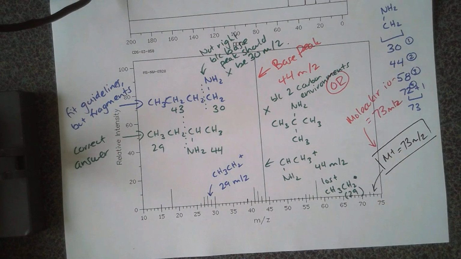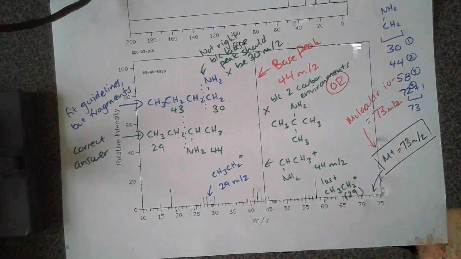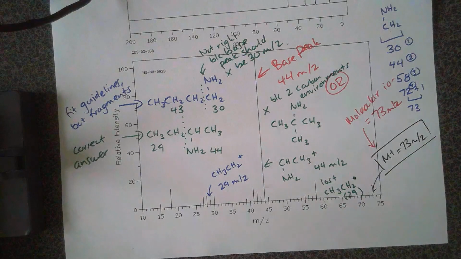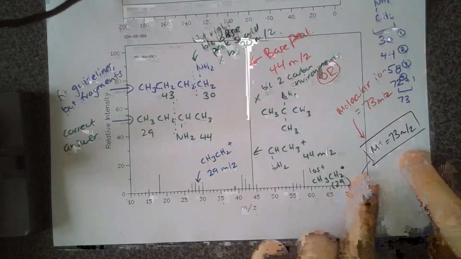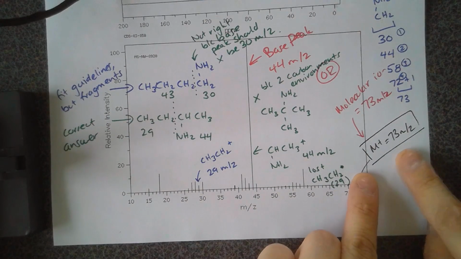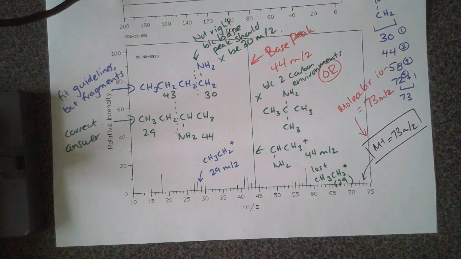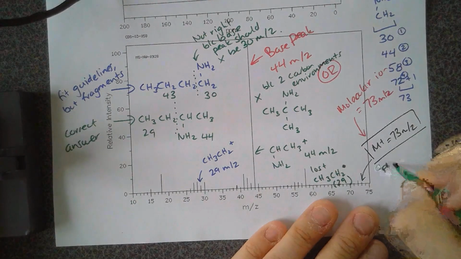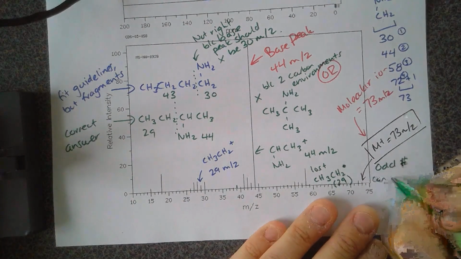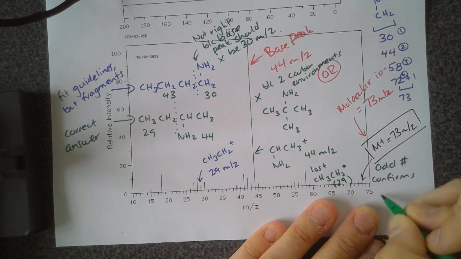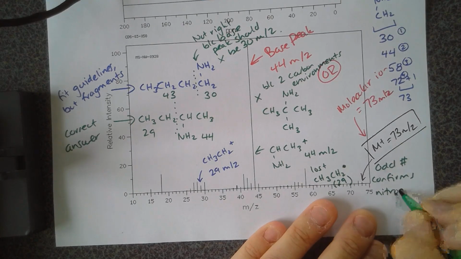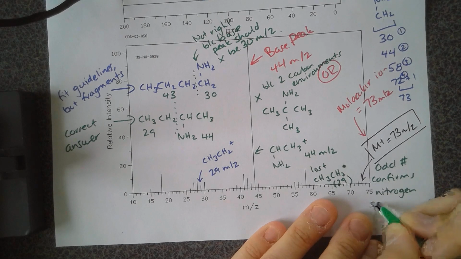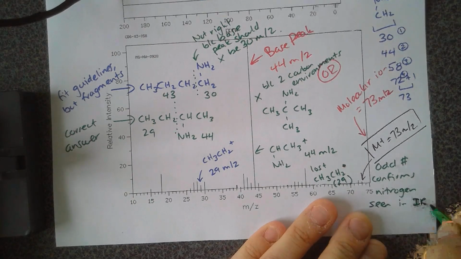All right, so for the excellence, I need to see more layers to your answer. The other thing I'm looking for in excellence is that integration of the spectra, so making sure the spectra back each other up. So for example, I would see that this is an odd number. It confirms nitrogen, seen in IR.